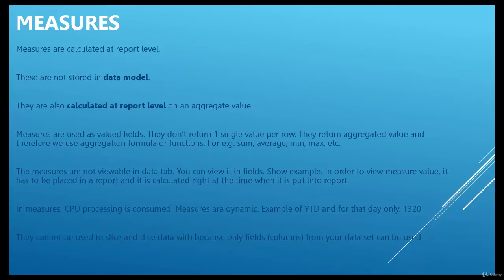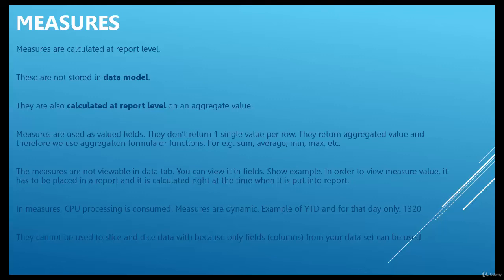And the calculations are done within the CPU, so CPU processing is consumed. There are a number of calculations that can be done using measures. One of the important things is that measures do not apply row by row calculations. They are applied as a whole aggregated value. So they do not come into the data tab within Power BI, the data tab that is on the left hand side.